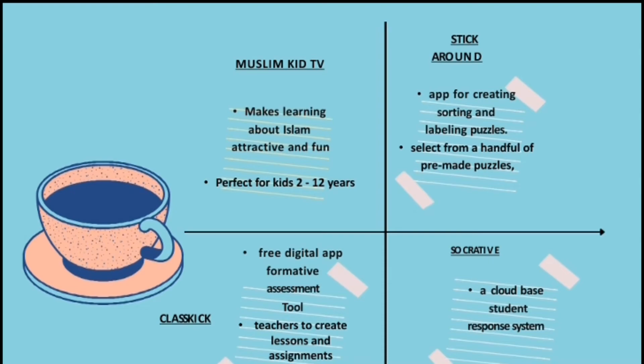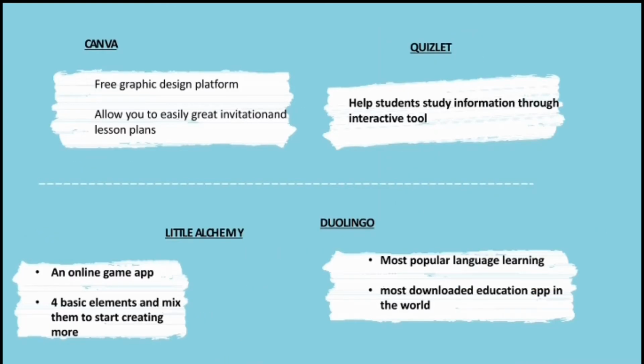ClassKick, a free digital app and formative assessment tool. ClassKick allows teachers to create lessons and assignments. Socrative, a cloud-based student response system. Canva, a free graphic design platform. It allows you to easily create invitations and lesson plans.